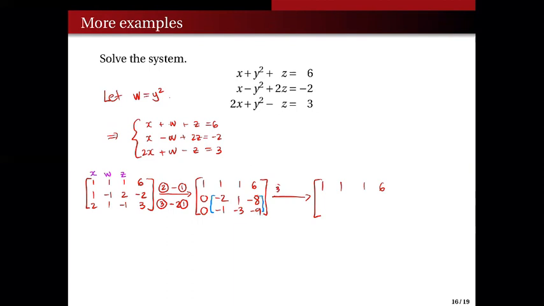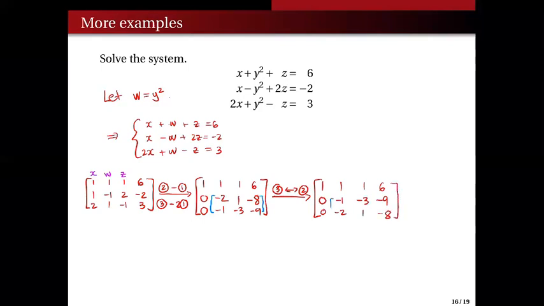So we interchange row 3 and row 2. So the row 3 now becomes row 2. We will have 0, -1, -3, -9. And then row 3 now will be 0, -2, +1, -8.